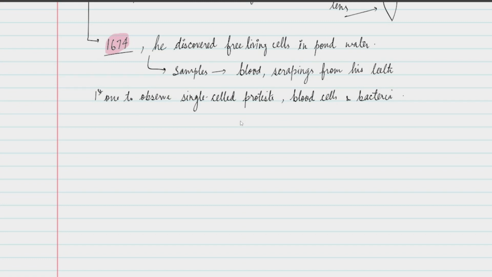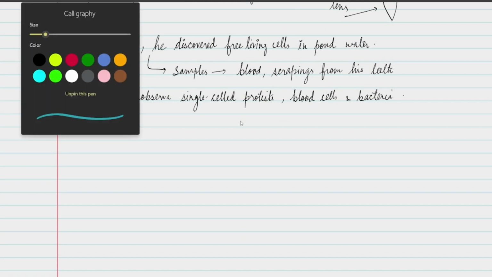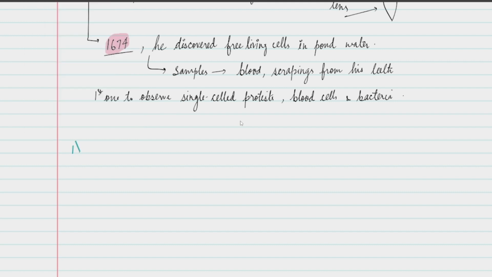Now it's question time. First question. Oh, this is very easy. Name the scientist who coined the term cell. What's the answer? Name the scientist who coined the term cell. Answer is Robert Hooke.